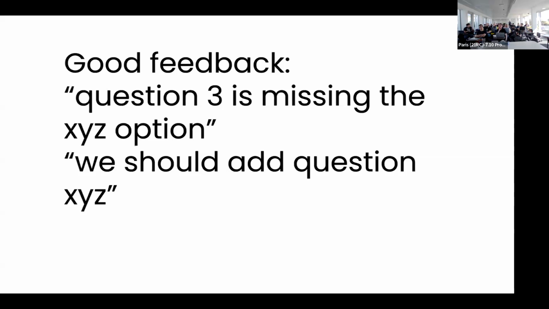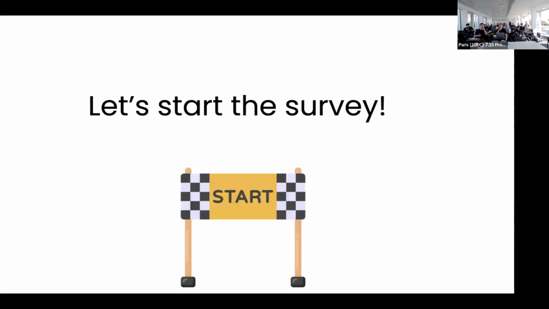We don't want people to write a lot of stuff. You mean like free response questions? Yeah, no free responses, those are bad. So let's start the survey. We will take a couple of minutes for each question, and please annotate the feedback.